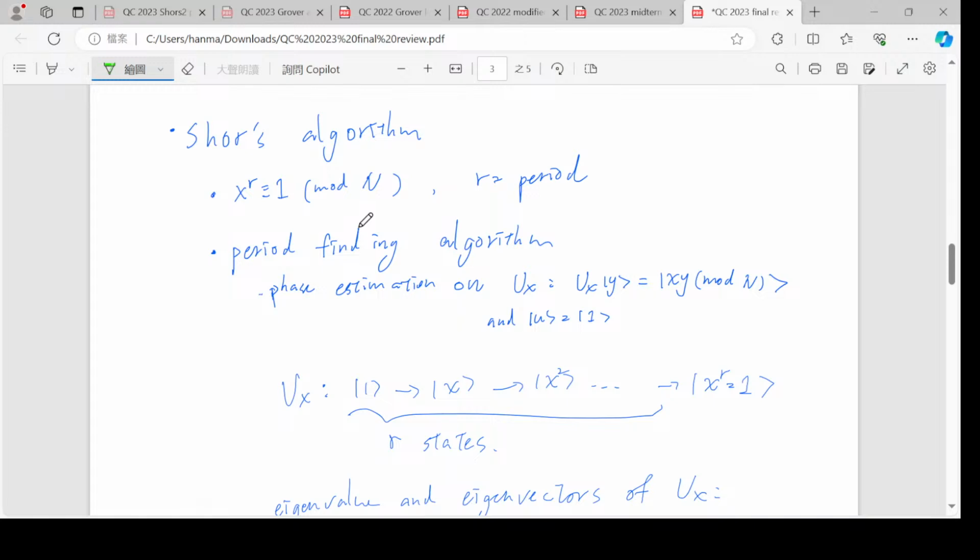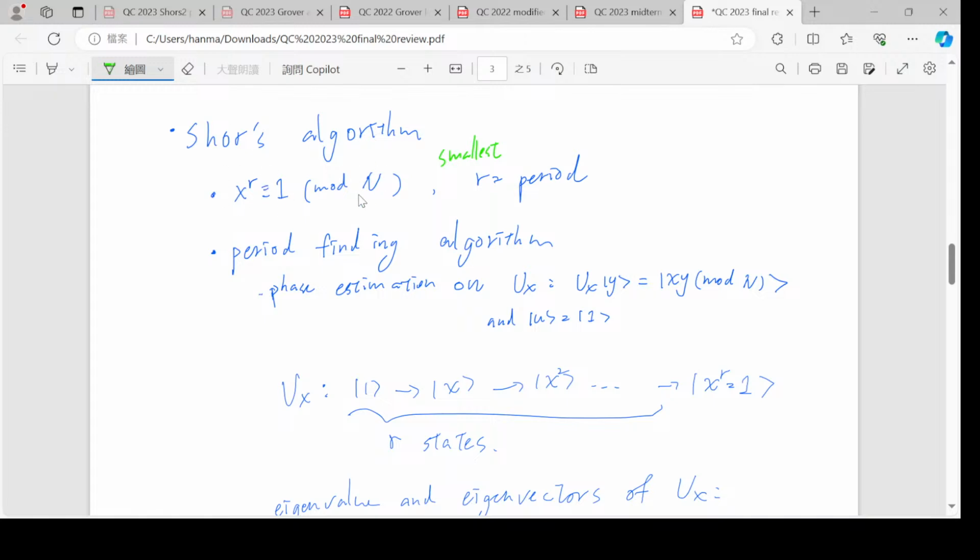So what's period finding? Given a big N and some small x that corresponds to your big N, you want to find the smallest r such that x to the r equals 1. So the smallest possible r here is the period of x with respect to big N. This is a hard problem to do classically.